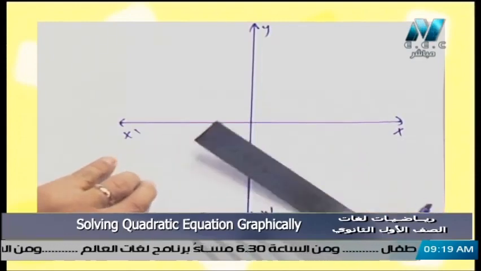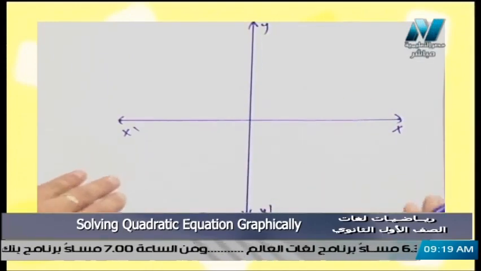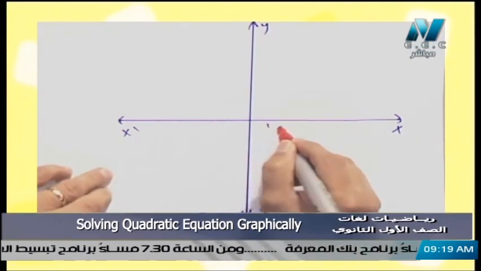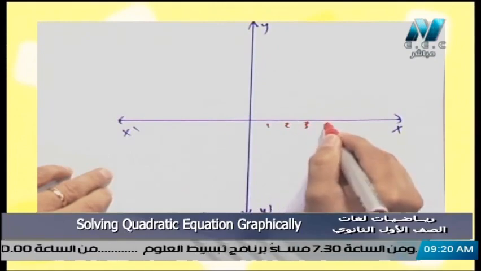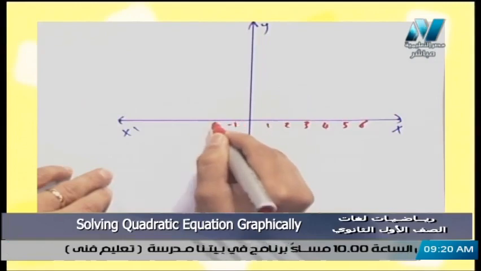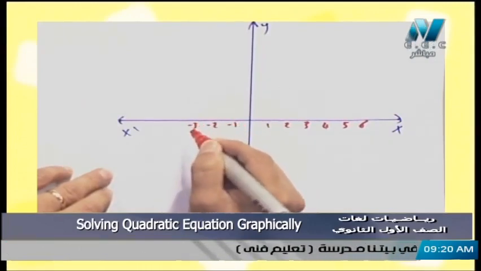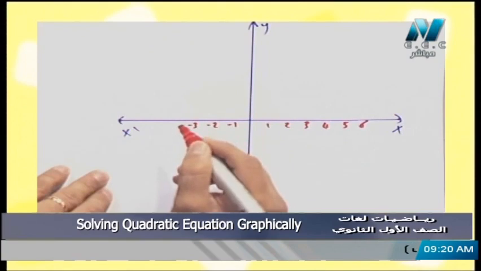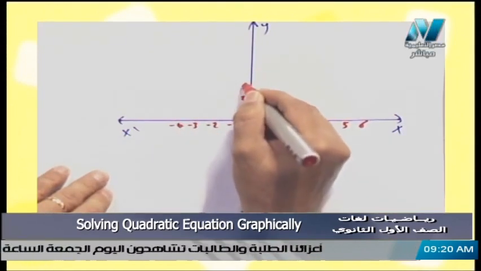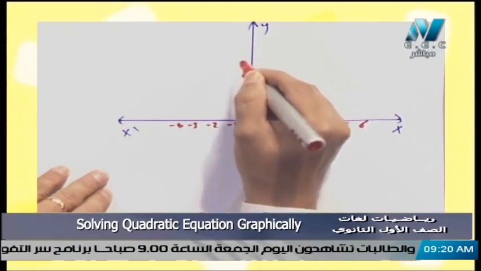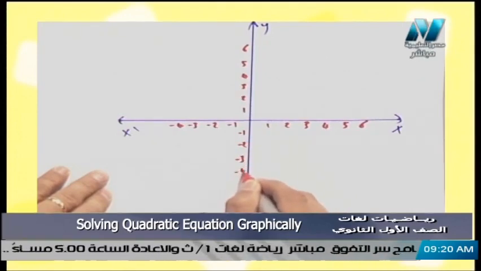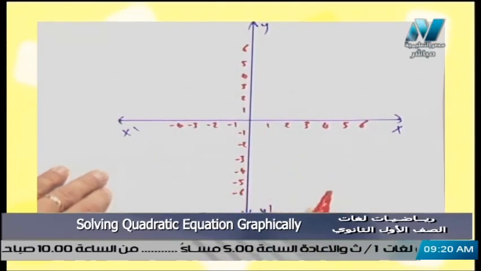And we have numbers here: 1, 2, 3, 4, 5, 6, and so on, and -1, -2, -3, -4, -5, -6.